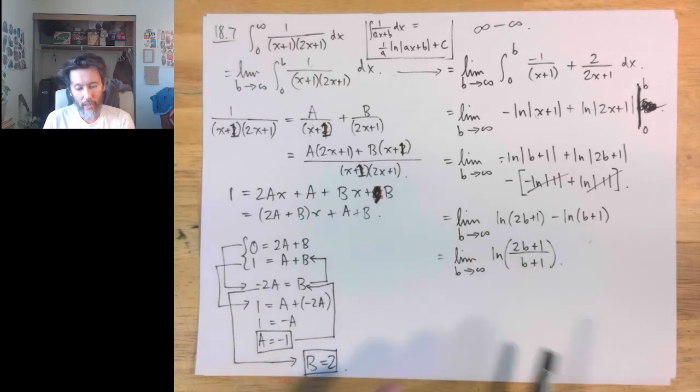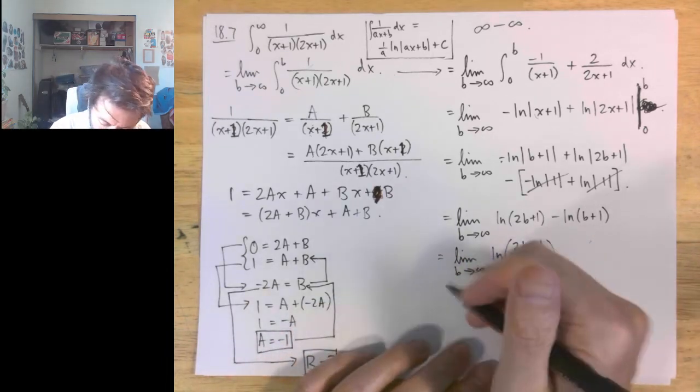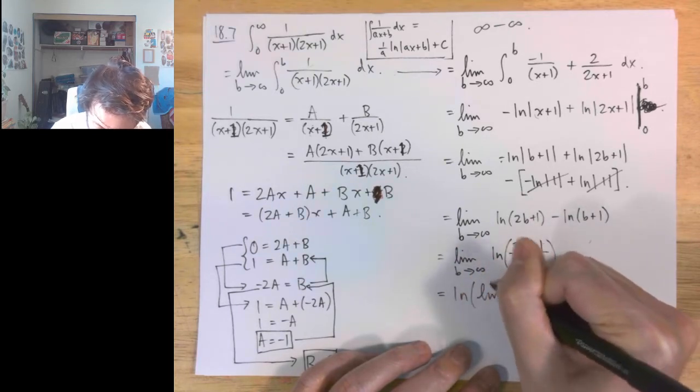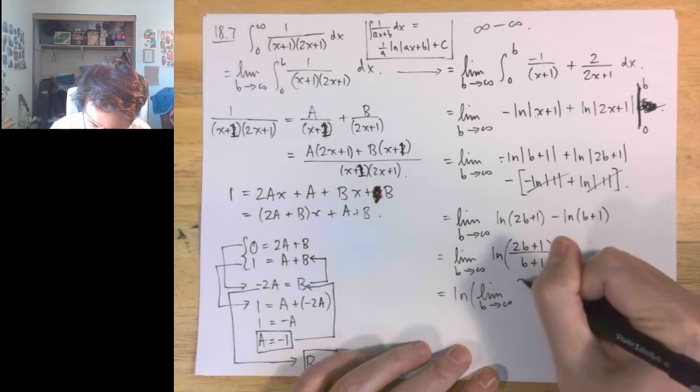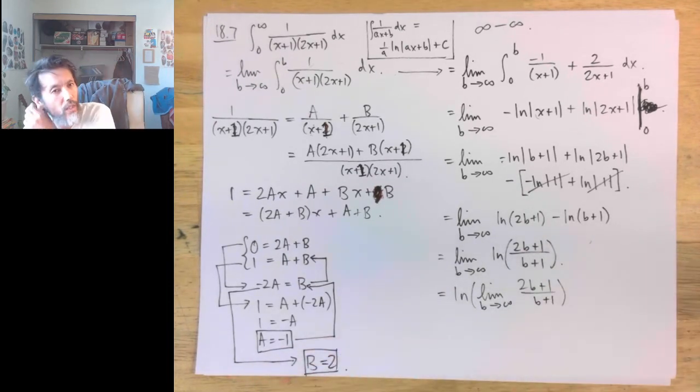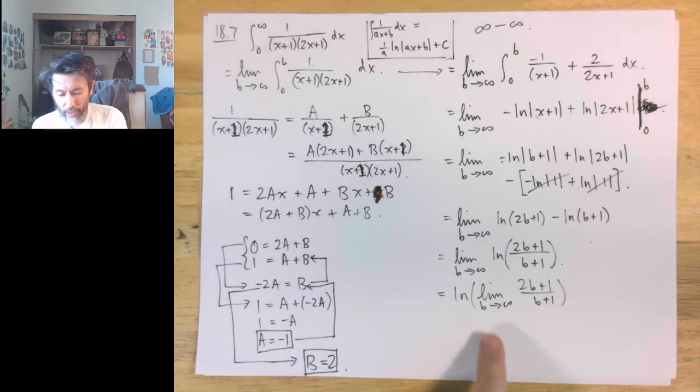It's one of the really nice things. So in particular, we can rewrite this limit as the natural log of the limit of 2b plus 1 over b plus 1, thanks to the continuity of the natural log. That's good. And now the question is, how do we kill this limit here?